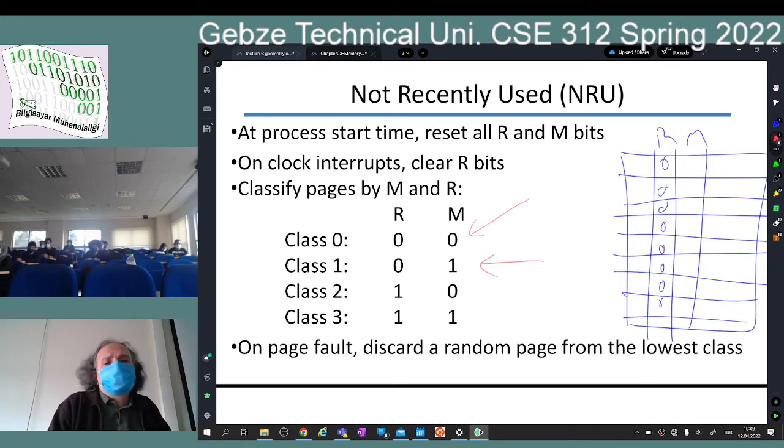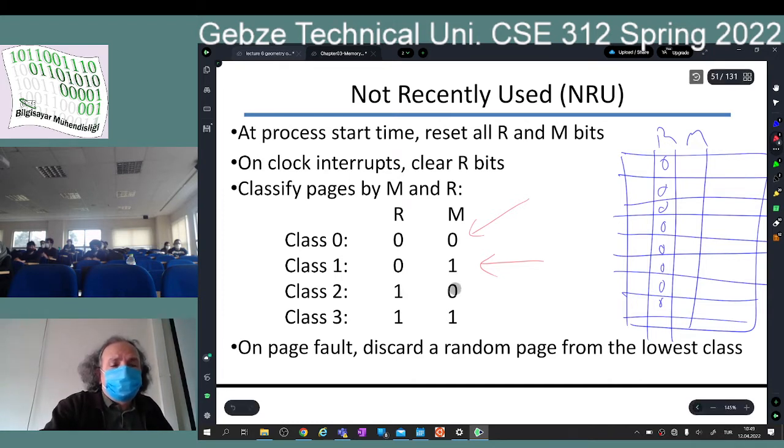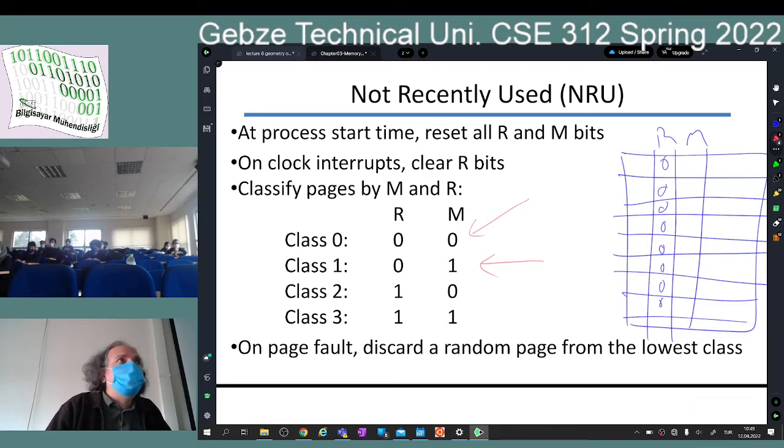That's a good indication that nobody is going to reference or modify you. But why did they make this order? Why is class 1 before class 2? Why am I replacing 0 1 before 1 0? I understand this one too, because a page that is both referenced and modified is a very, very busy page, so I should keep it.